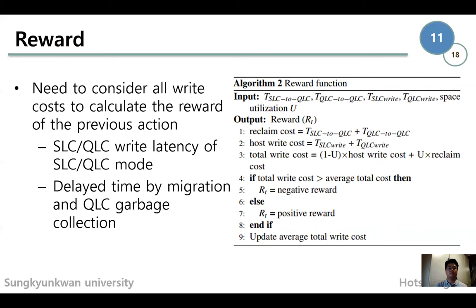By giving a higher weight to the recurrent cost, the reduction on the SSD cache size can be accelerated when the space utilization is high. The final reward value is determined to be positive or negative, depending on the comparison to the average total write cost.